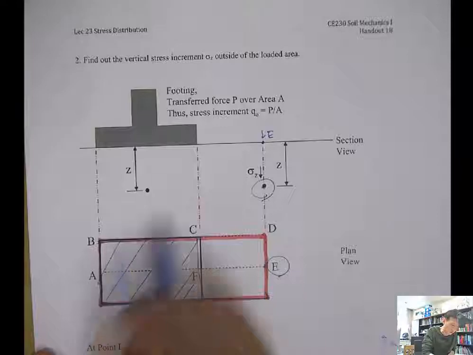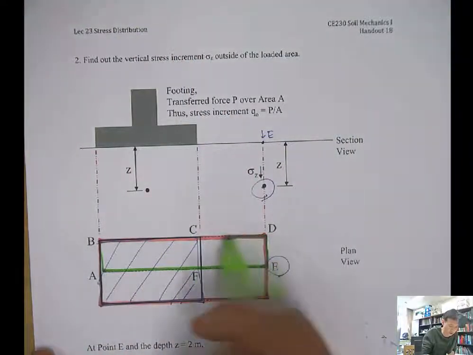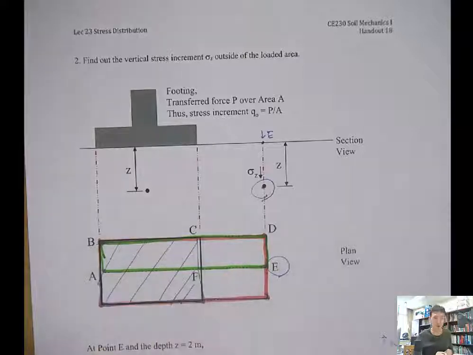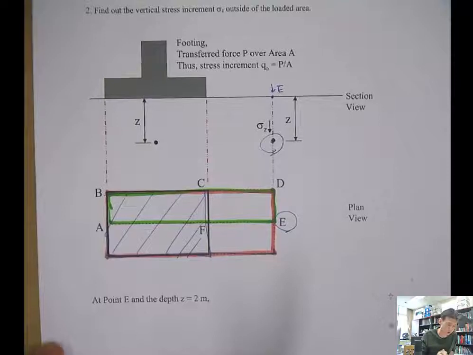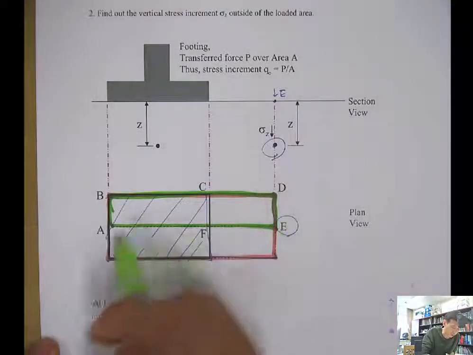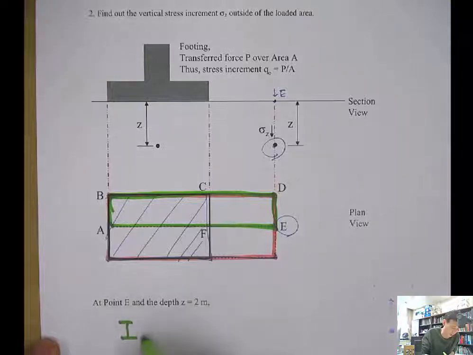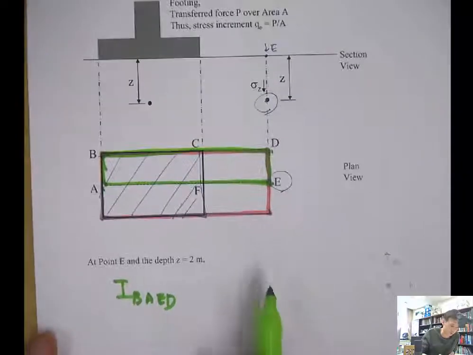And then you can divide this rectangular area into two rectangles. So then we have this rectangle I B A E D, right?